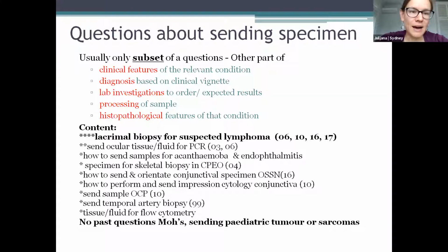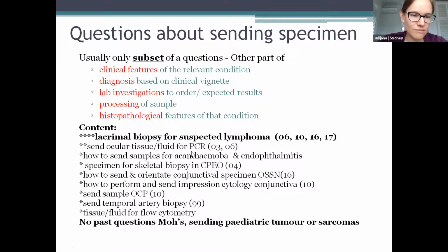And then there'd always be another part about when the specimen actually got to the lab, what would you do, how would it be processed, what you'd actually order, or what results you would expect. And then some of them wanted you to describe also the histopathological features of that condition. So it didn't seem to be that common.